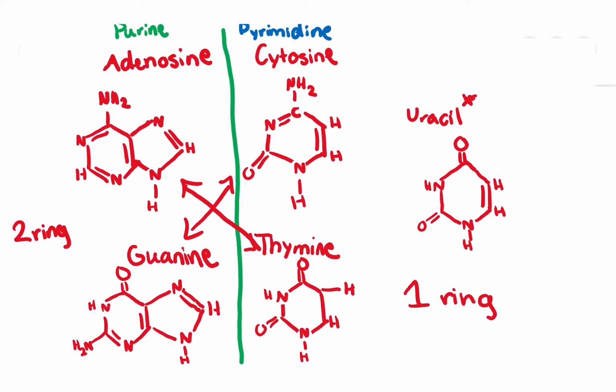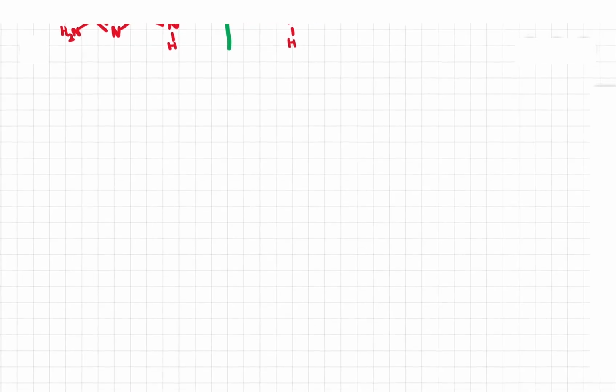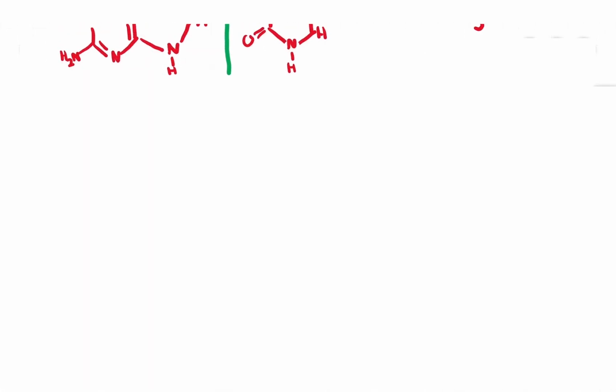So now that we've covered these monomers, I'm going to be talking a bit about DNA and RNA. So let's choose different colors. You have DNA and RNA. Cellular RNA ranges in length from less than 100 to many thousands of nucleotides.